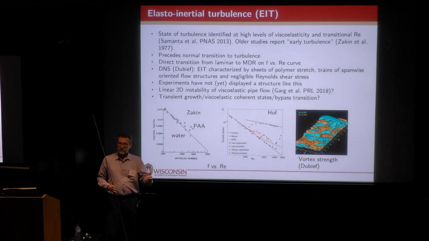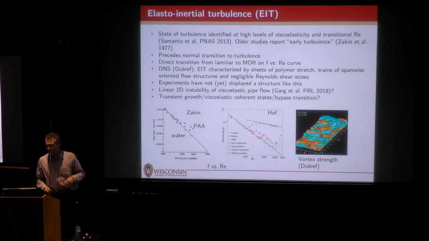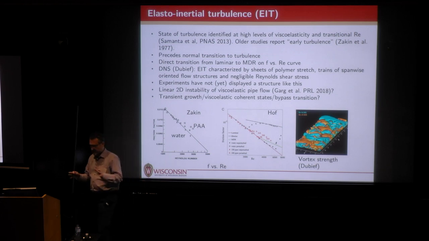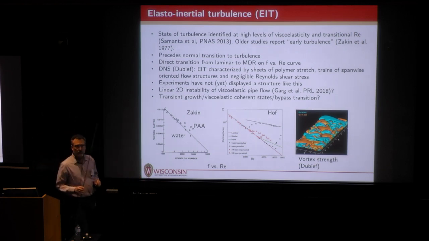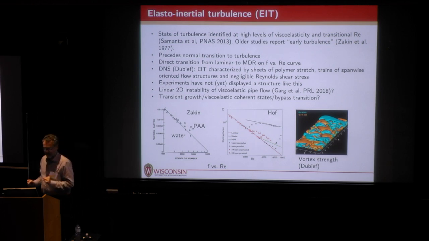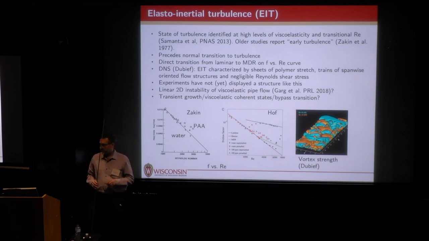So that's a very different structure than you find in Newtonian turbulence. And so this regime, at high levels of viscoelasticity, relatively low Reynolds numbers, was called the elasto-inertial turbulence. All right, so that's going to be one of the topics of my talk today. And so we'd like to gain some fundamental understanding of this phenomenon.